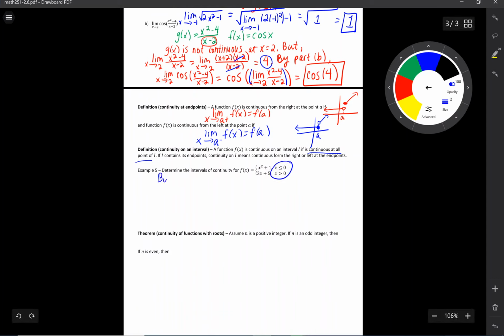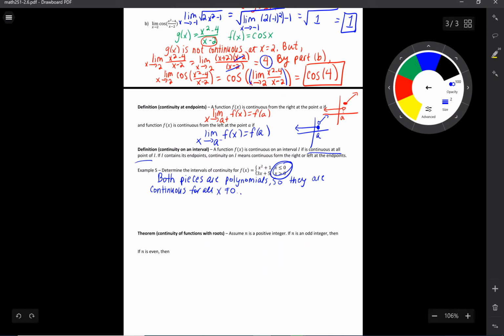So both pieces are polynomials, so they are continuous for all x not equal to 0. The only reason 0 is a sore point is because I changed there. So now I need to check what's going on at x equals 0.